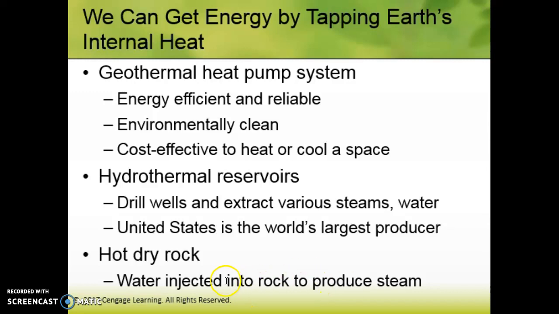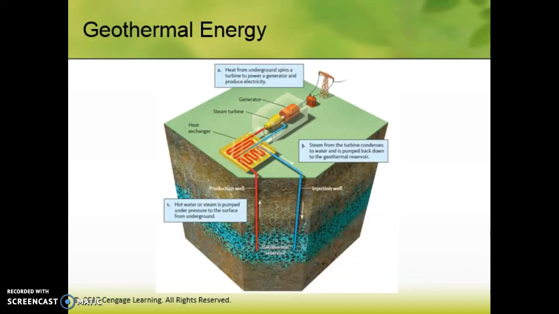We can inject water into rock to produce steam if there's hot, dry rock, which we see some of. Let me show you the picture of one of these pumps. I know it's really small and kind of hard to see, but this is our generator and our steam turbine. So that's what we've seen in every one of these alternative energy sources. This is an injection well, which is just like it was in fracking. We're adding water.